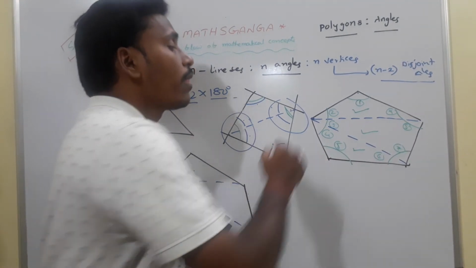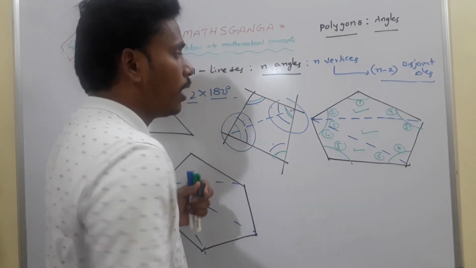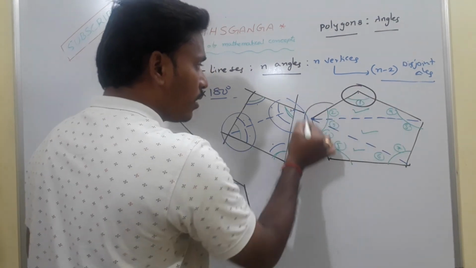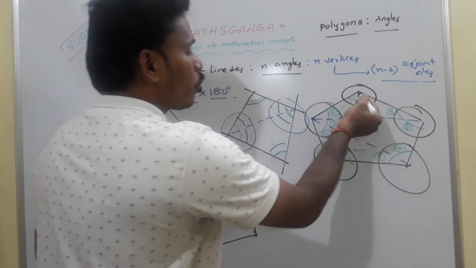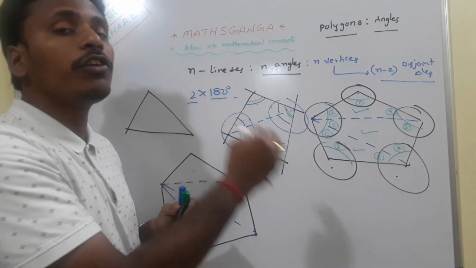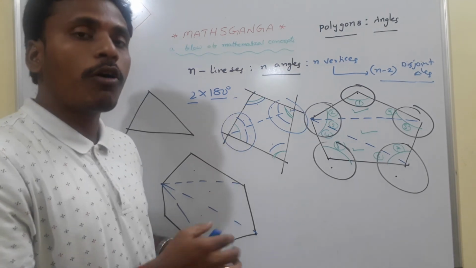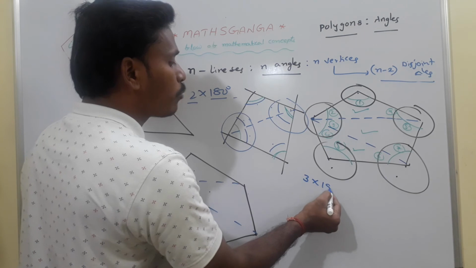In total, the sum of the angles of this pentagon is this angle plus this angle plus this angle plus this angle as well as this angle. So the sum of the 5 angles of the pentagon is equal to the sum of angles of a triangle taken 3 times, which is 3 times 180 degrees.